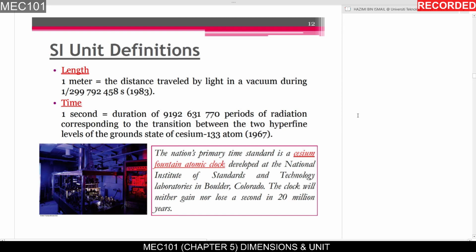So don't worry about the definitions. You just have to know that every basic unit is defined by certain fixed conditions.